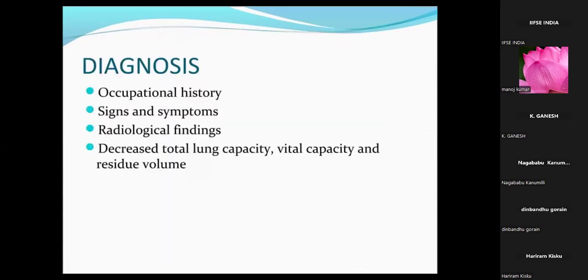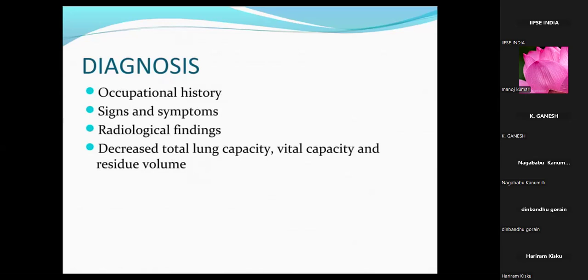Now diagnosis, what can you do? Occupational history has to be taken of the person, like in which area of work he is executing his job, how many years he has been doing it, what PPEs he is using, and other things. Signs and symptoms depend upon his age and duration. Radiological findings, the X-ray, are one method of finding.